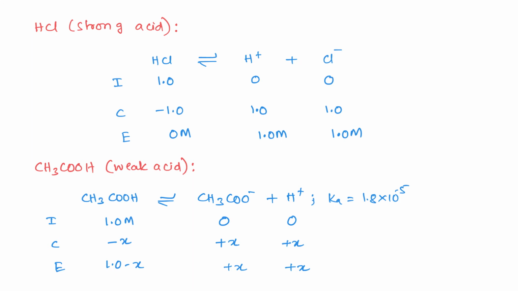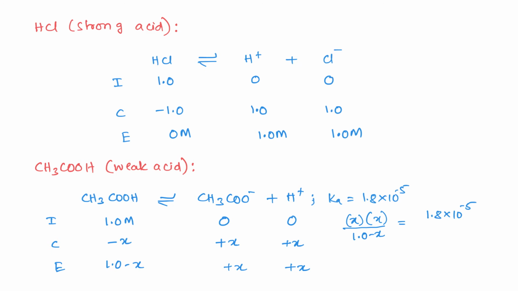We know that the concentration of H plus at equilibrium times the concentration of acetate ion at equilibrium divided by the concentration of acetic acid at equilibrium should be equal to the equilibrium constant Ka.